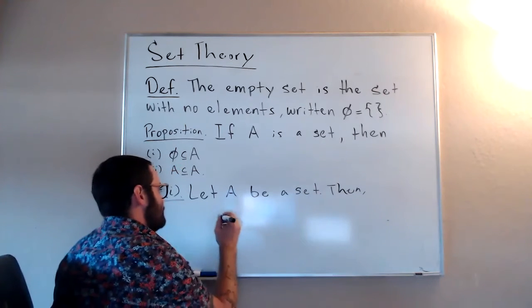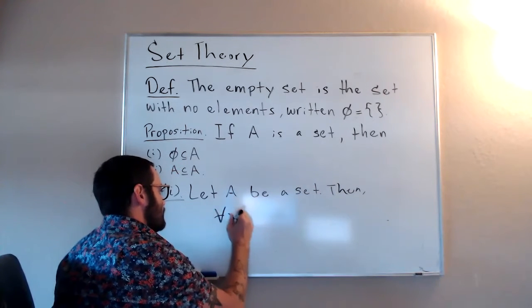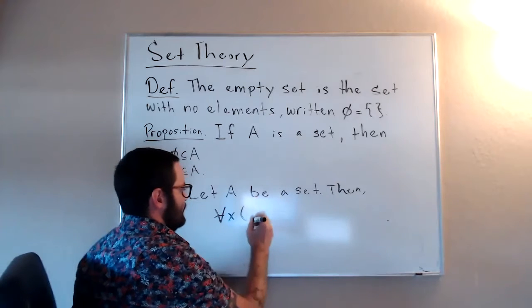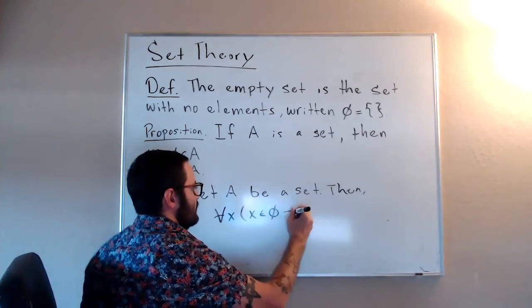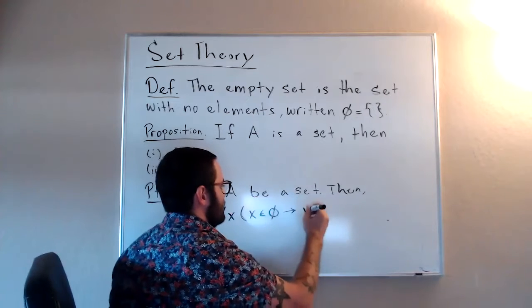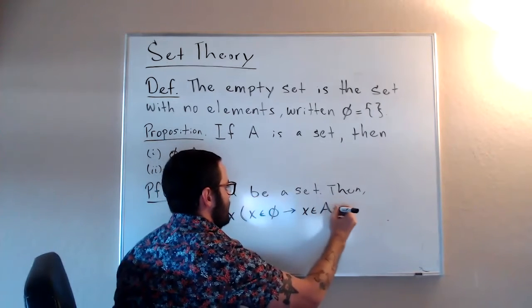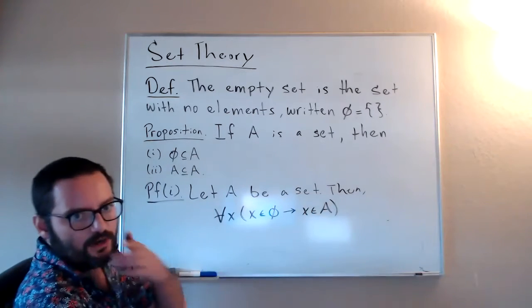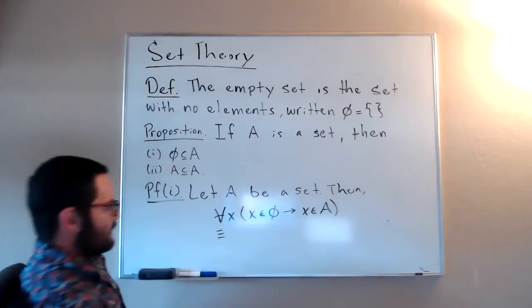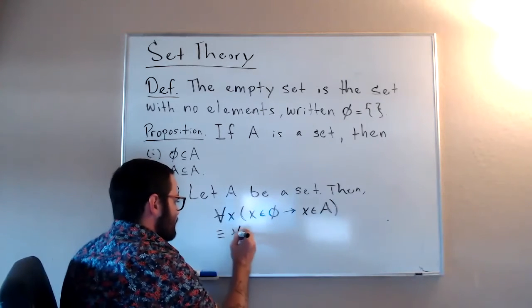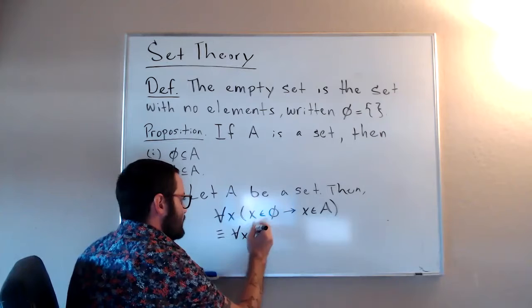So then for all x in the empty set implies x in A. This needs to be a tautology. Well, this is logically equivalent to for all x.